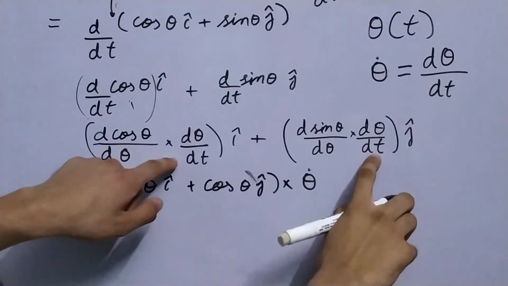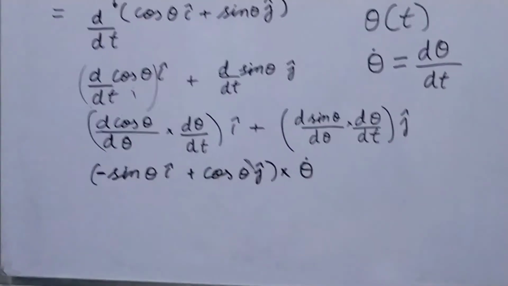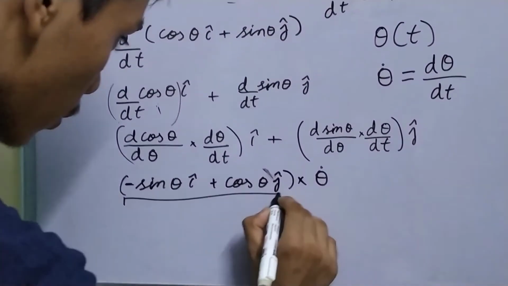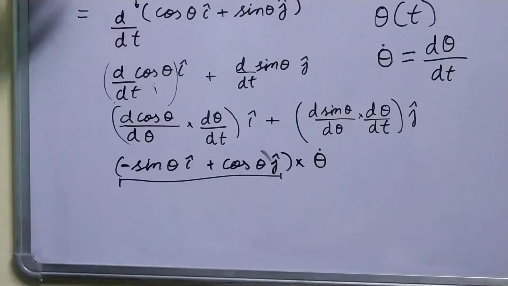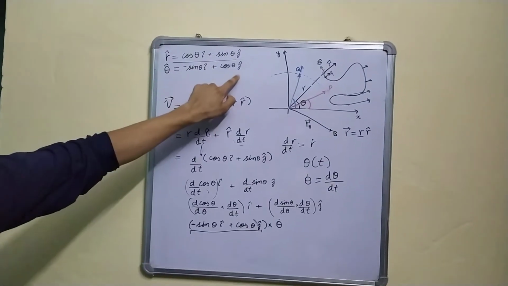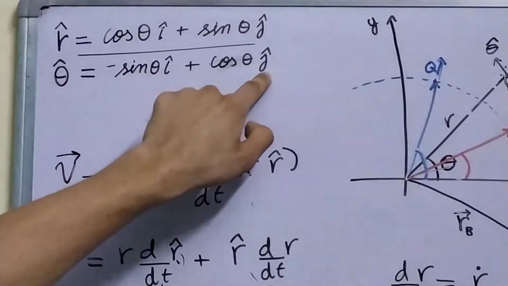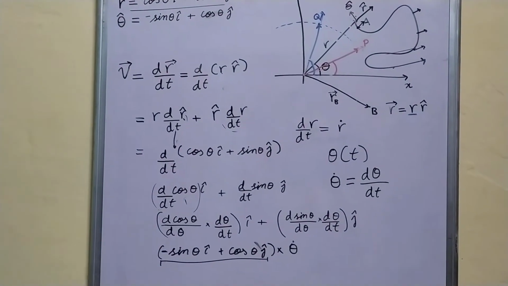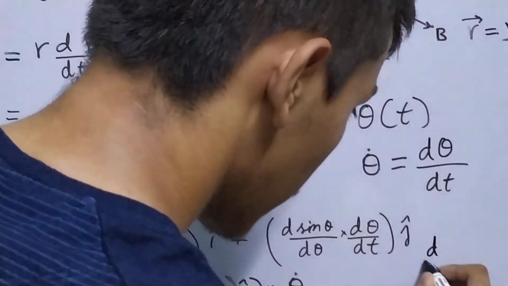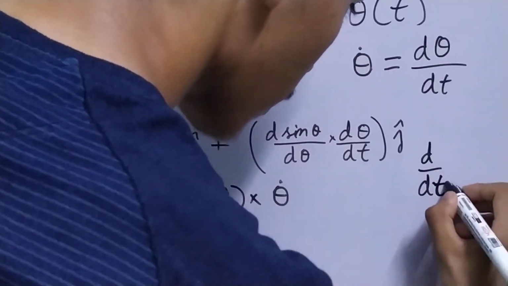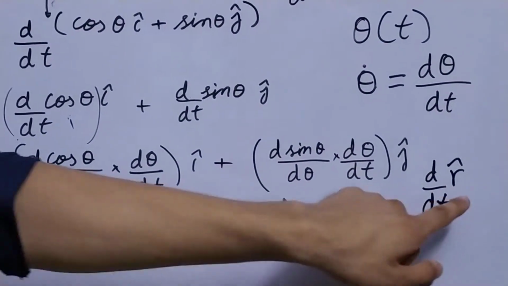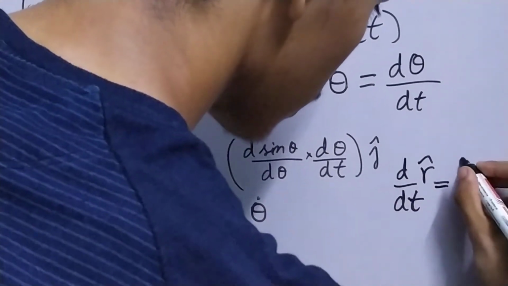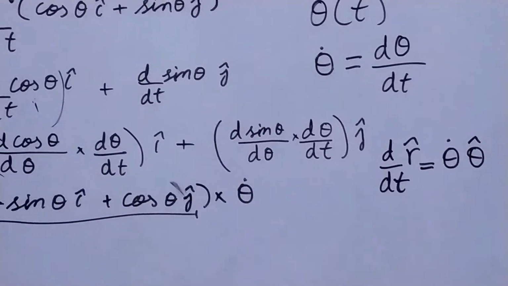Remember, we pulled out d theta by dt common, and yes, this should look familiar because this is nothing but the expression for theta cap: minus sin theta i cap plus cos theta j cap. Now this gives us a very important relation, that d by dt of r cap, how a unit vector changes with respect to time, is theta dot theta cap.